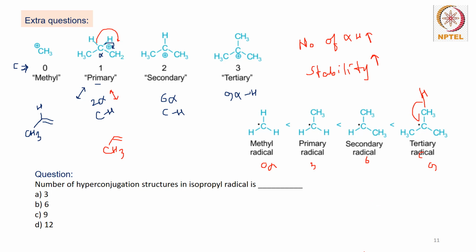So let's see for this system. Many of you have already answered. The question is the number of hyperconjugation structures of the isopropyl radical. What is isopropyl? Propyl means 3. So isopropyl is this structure.